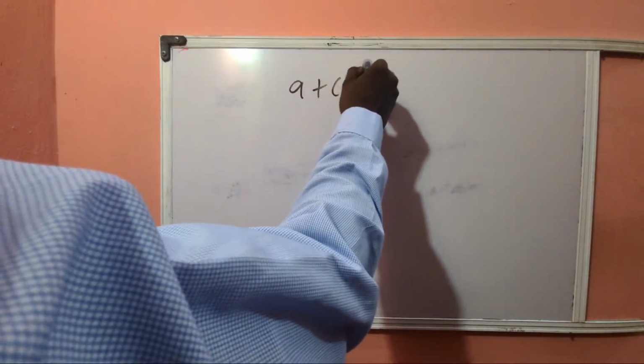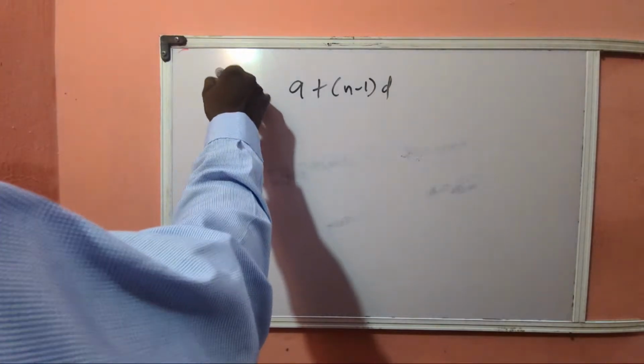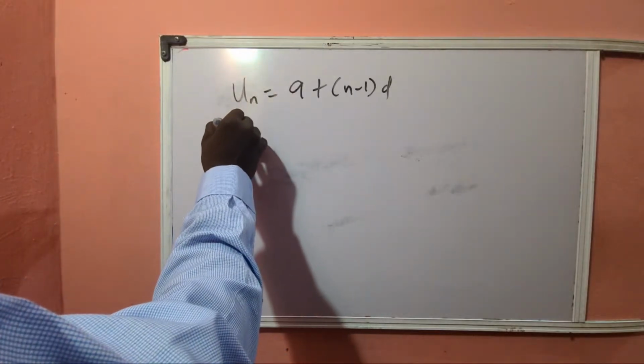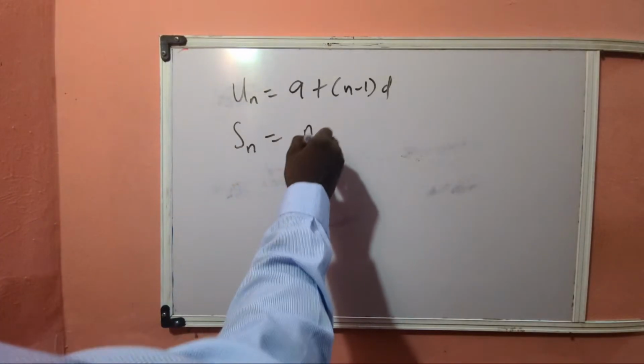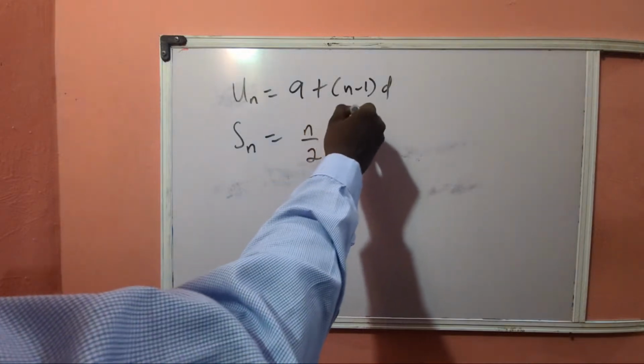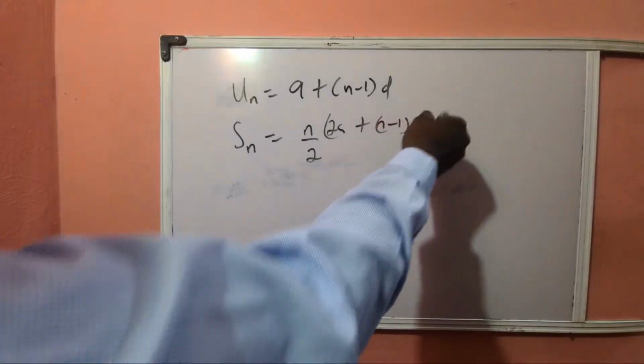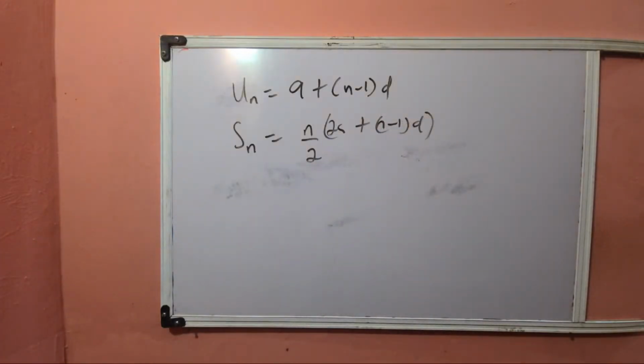And then we also talked about the sum of the n terms of a particular arithmetic progression, where we took that as n over 2 times 2a plus n minus 1 d, and we're able to use these formulas in several questions.